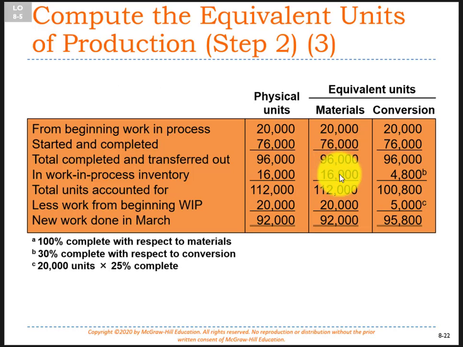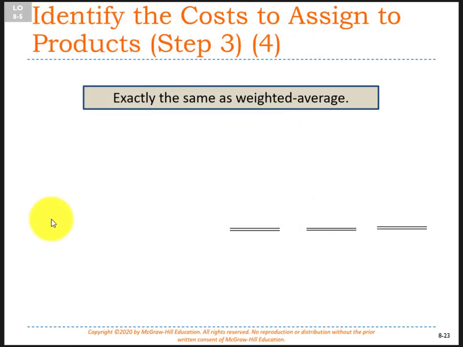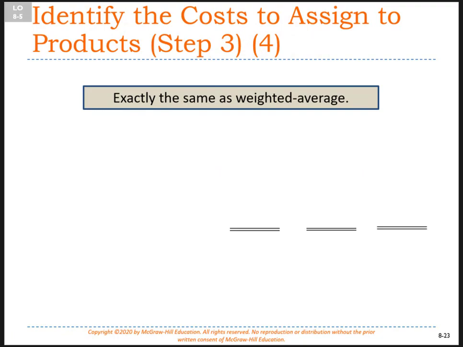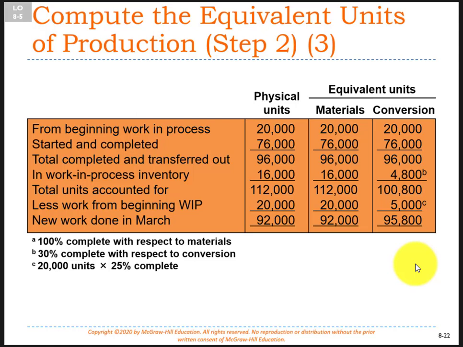It then does the ending work in process the same way as we did before. The difference is then we subtract out what had already been done the month before. So notice that we subtract out the 20,000 because that was all done. This beginning work in process was all done the month before. Sorry, got too carried away.